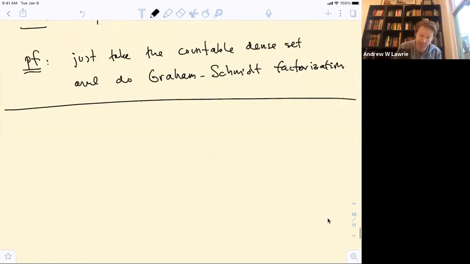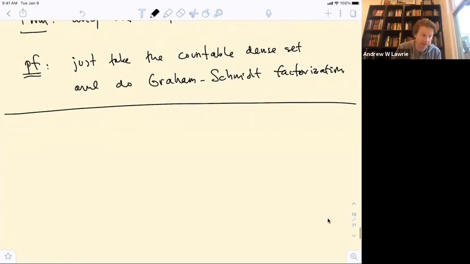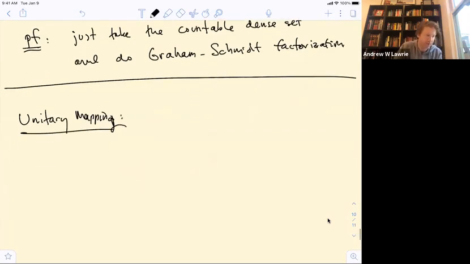So one other concept before we go back to the corollary in the beginning about Fourier series was that of a unitary mapping, which is the following.